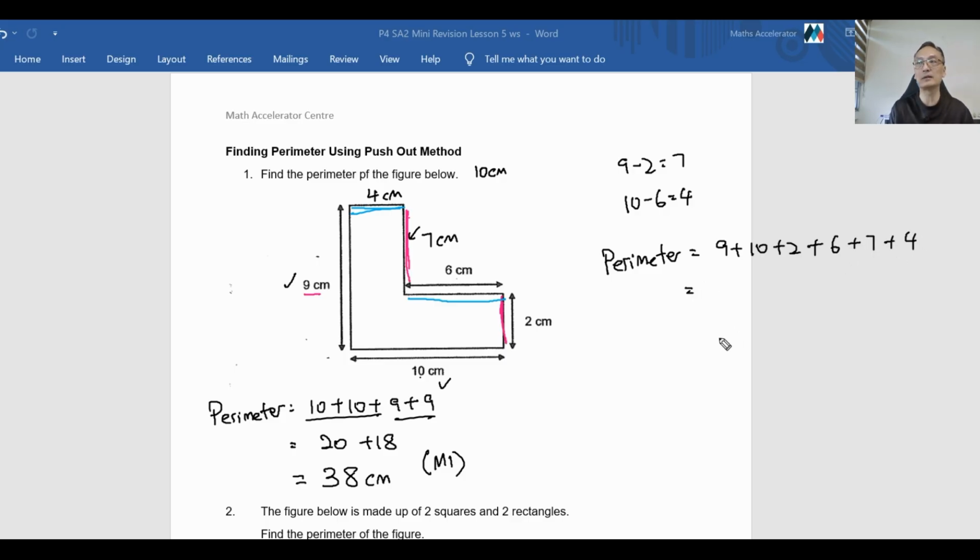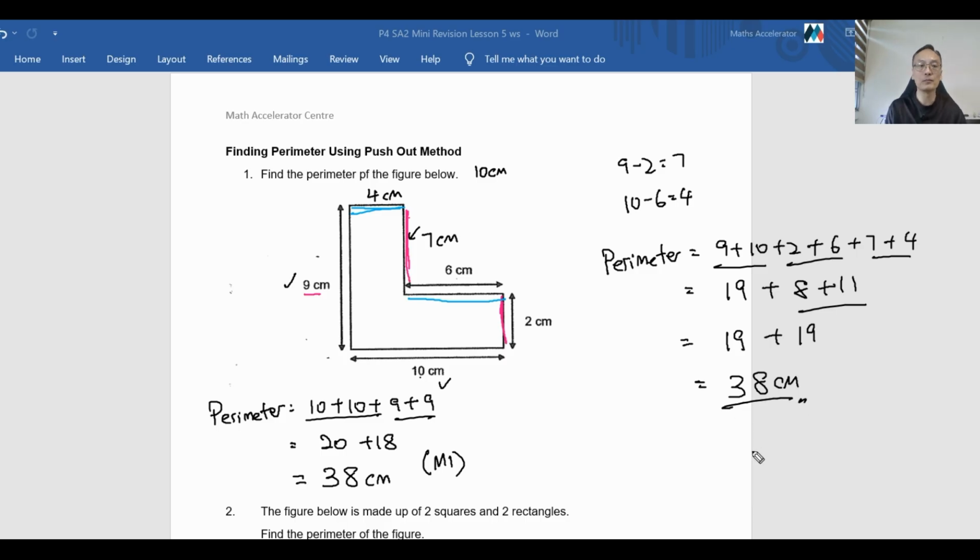We'll add two numbers at a time. 9 plus 10 is 19. 2 plus 6 is 8. 7 plus 4 is 11. 8 plus 11 is 19 again. So in total, we will get 38 cm.